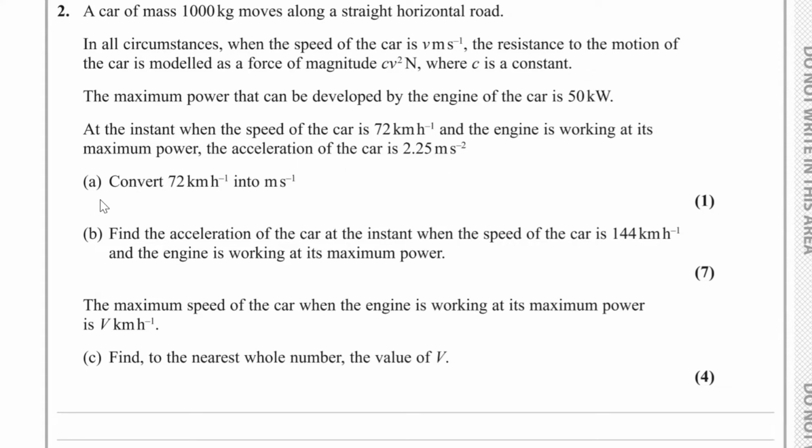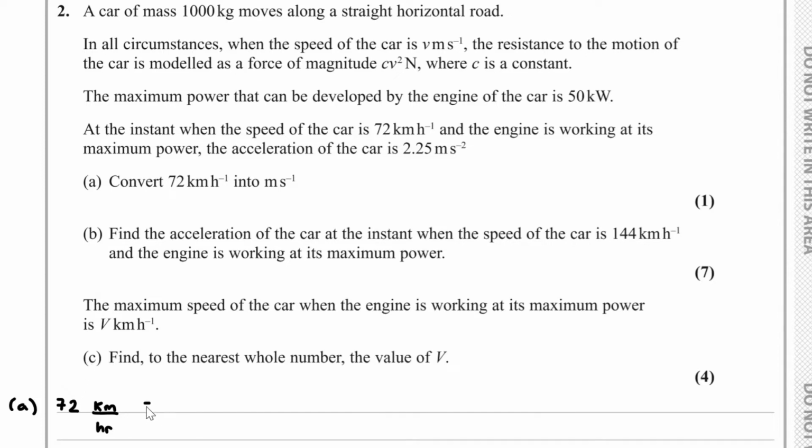For part A, we have to convert 72 kilometers per hour into meters per second. So for part A, we begin with the 72 kilometers per hour. We wish to convert this to meters per second.